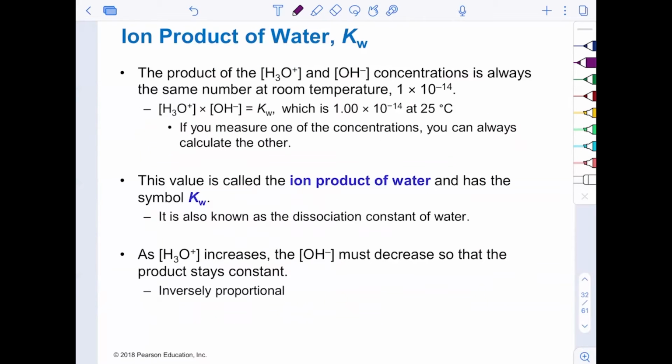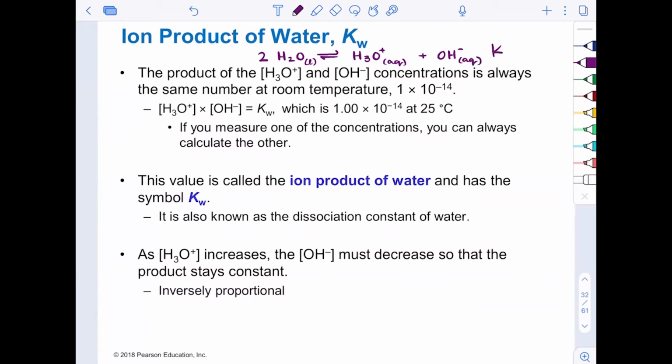Now, this leads us to a very, very important discovery, the Kw, the equilibrium constant for the autoionization of water. Let's bring that up again. We'll use the 2H2O liquid in equilibrium with H3O plus, aq, and hydroxide, aq.